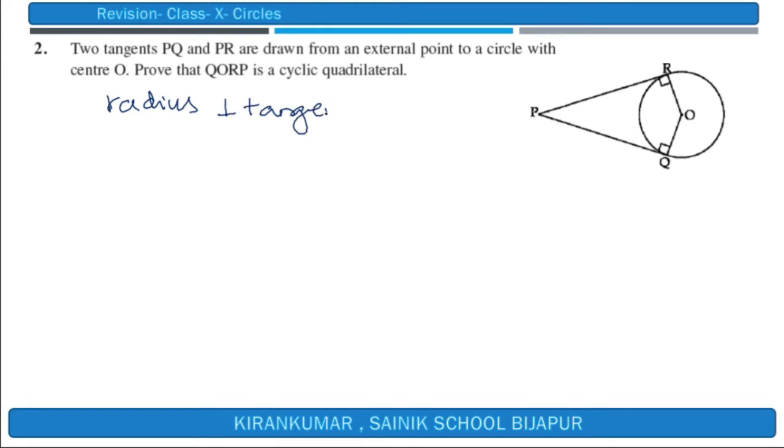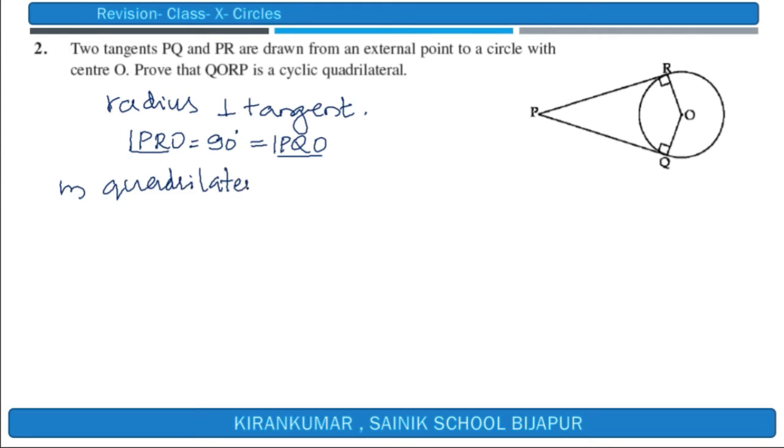Since the radius is perpendicular to the tangent, we have angle PRO equal to 90 degrees, and this will be equal to angle PQO also. We all know that in a quadrilateral, the sum of interior angles must be equal to 360 degrees.